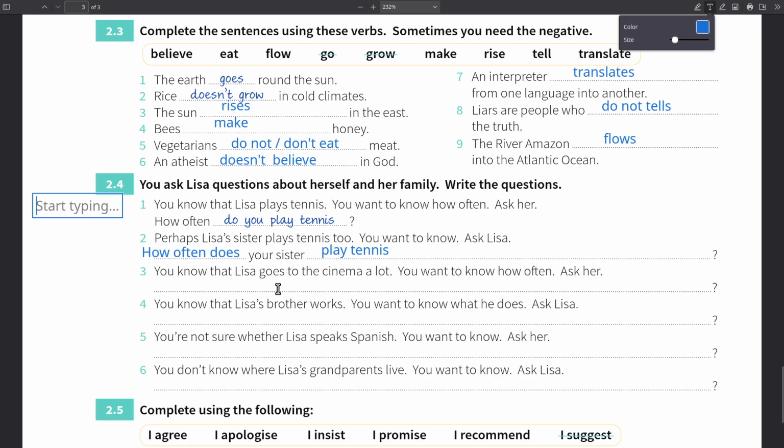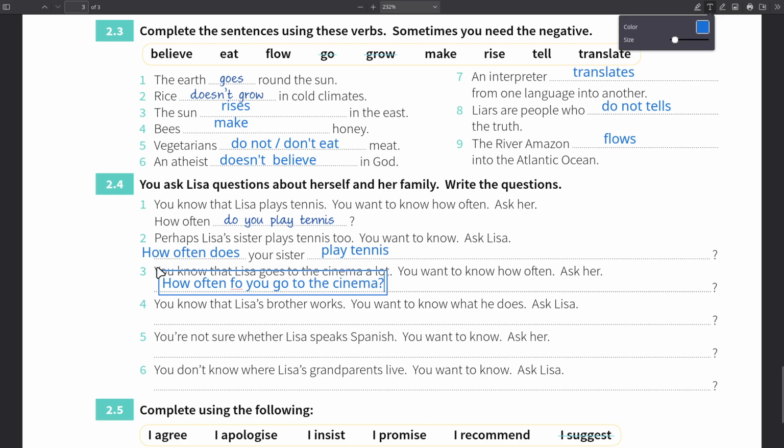You know that Lisa goes to the cinema a lot. You want to know how often, so we have to ask Lisa. How often do you go to the cinema?